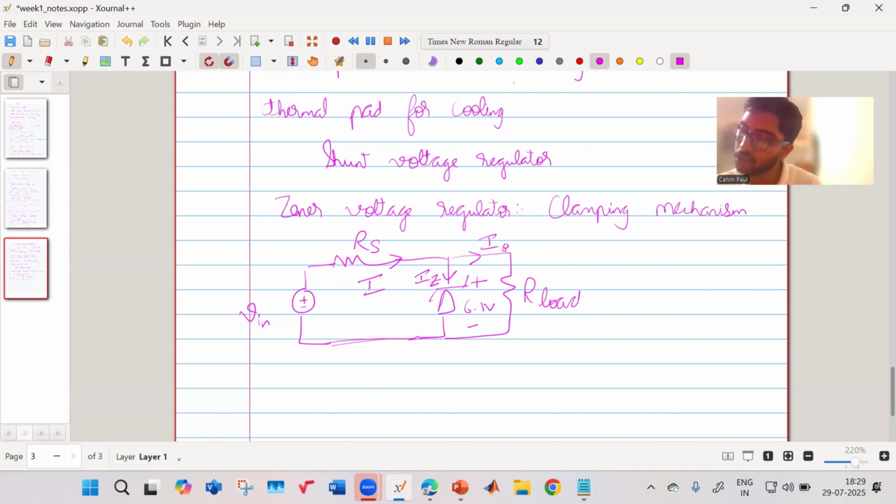But its job is to maintain that voltage at 6.1 volt. So in case the voltage at this point exceeds that voltage, what the Zener diode does is it will conduct lots of current and it will clamp the voltage at 6.1 volt. So this is very useful in clamping circuits.